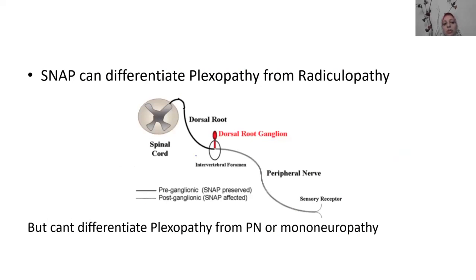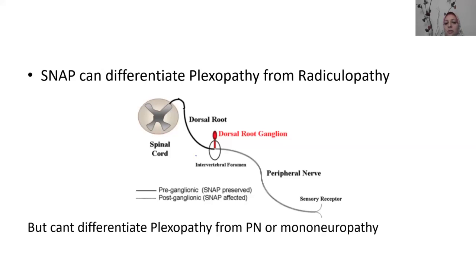Sensory nerve conduction study can differentiate between plexopathy and radiculopathy. As my professor, Dr. Ann, mentioned in the previous lecture, if the lesion is affecting distal to the dorsal root ganglia, the SNAP will be affected. But if the lesion is proximal to the dorsal root ganglia, the SNAP will be preserved.